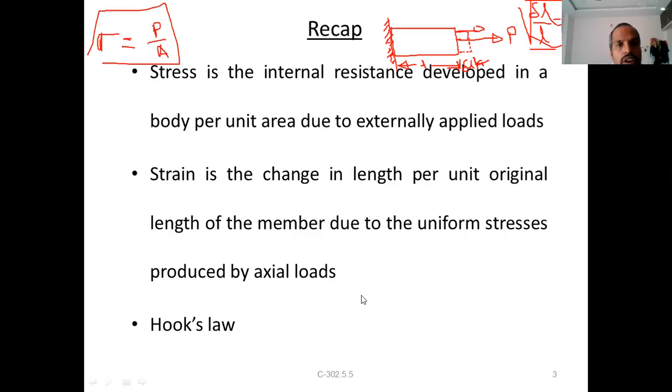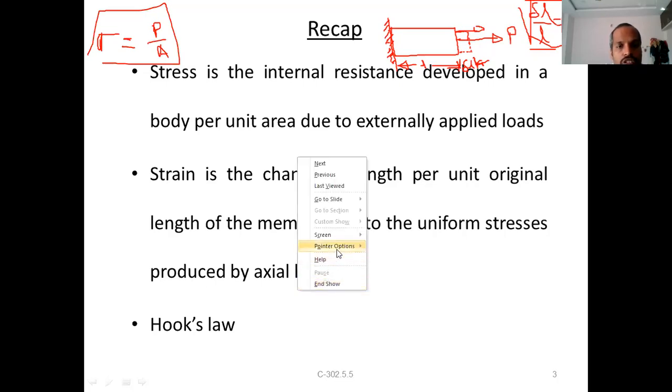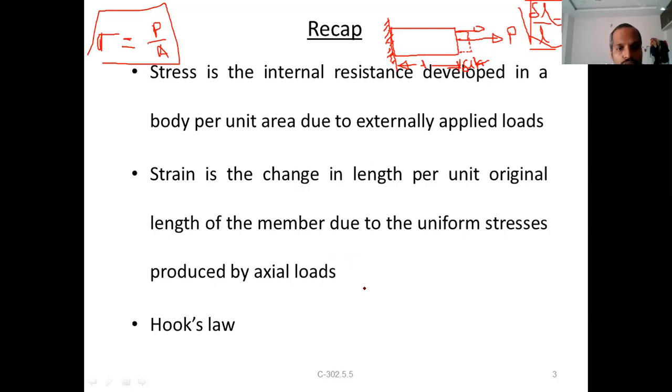That proportionality constant we call Young's modulus, or modulus of elasticity.